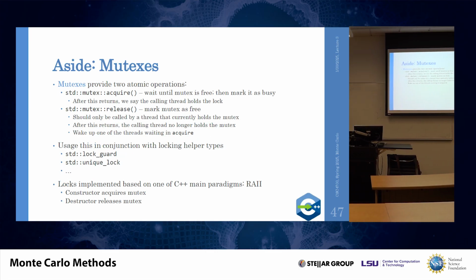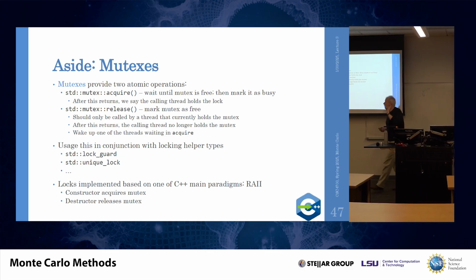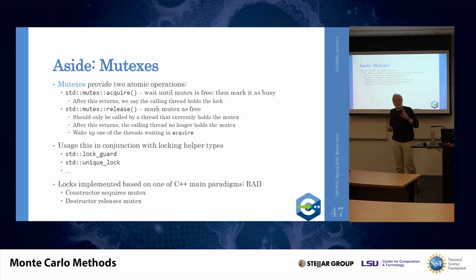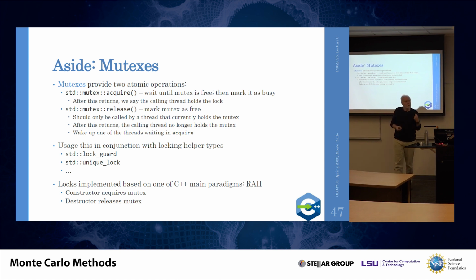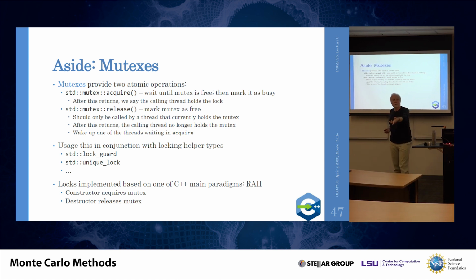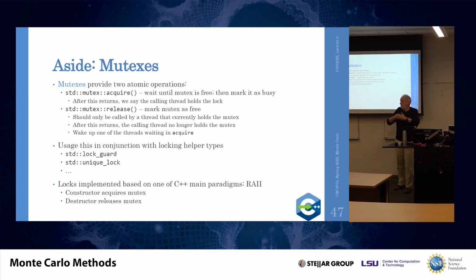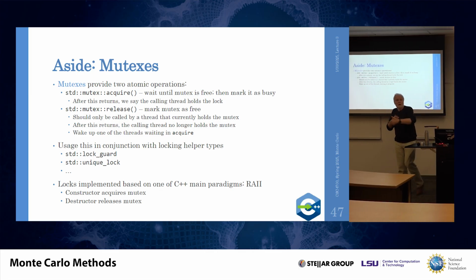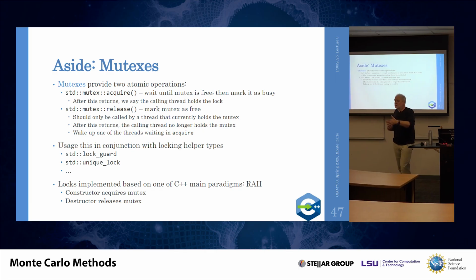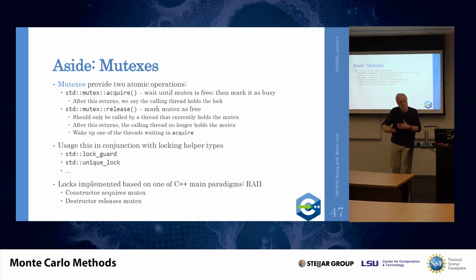So a mutex has two functions, which are called acquire and release. Acquire waits for the token to become available and gets the token. And release gives back the token and wakes up any other guy who waits on the token. So it's kind of a mechanism to block more than one thread from going forward, because the first thread acquires the lock, and all subsequent threads will have to wait at that point for the token to become available, for the lock to be available, before they can proceed.